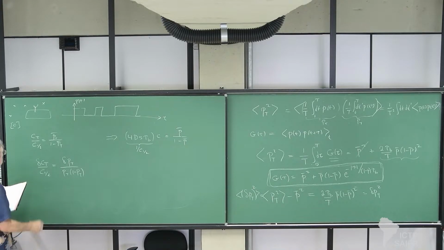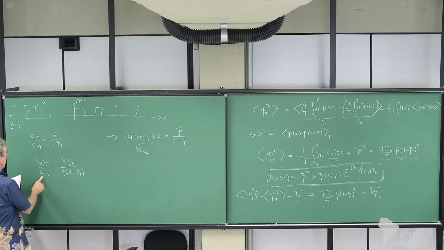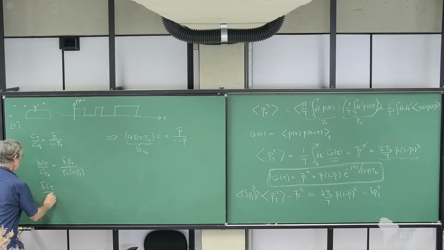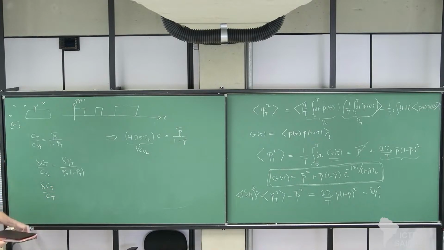Well, I care about delta CT divided by CT. Sorry, this is what's actually out there, and I care about the ratio between the mistake that I'm making and what's out there. What's the fractional error in the thing that I really care about, the concentration outside?